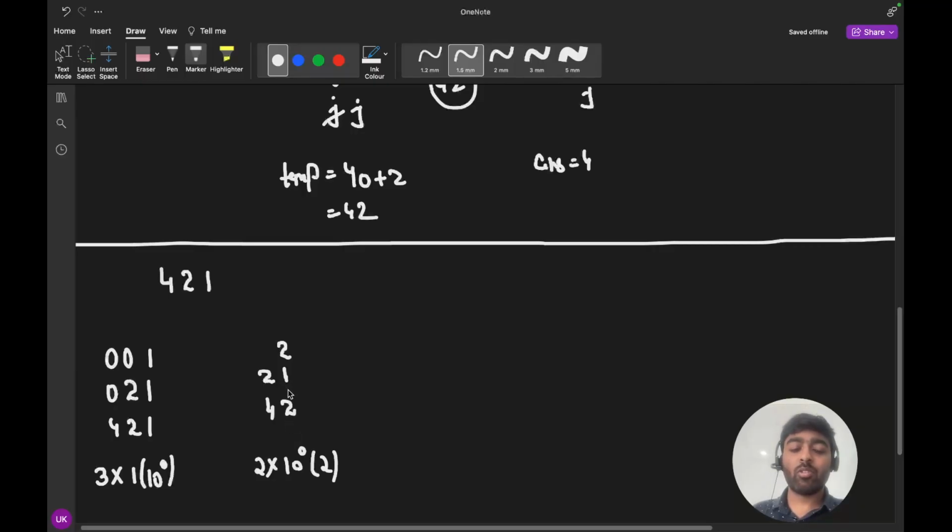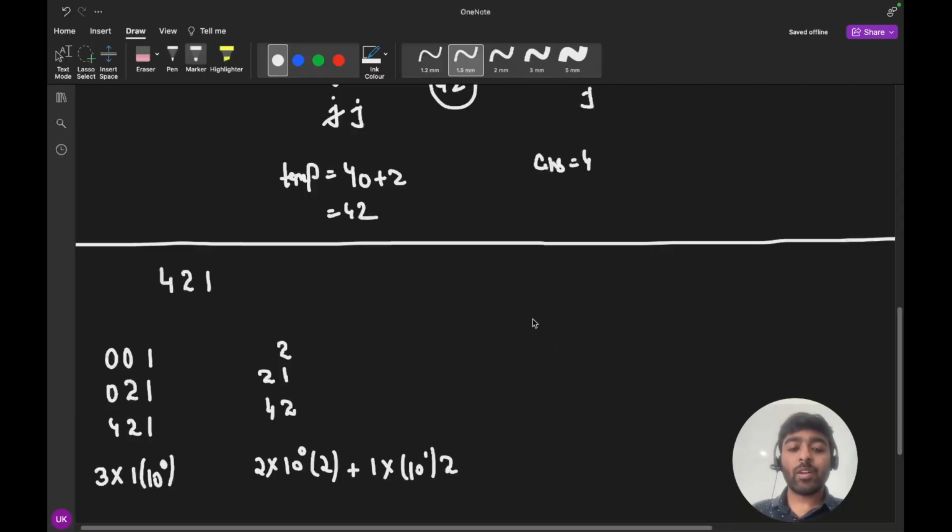The base is 10, and the value we have here is 10 to the power 0 into 2, correct? And 2 times it is coming, that's why 2 here, plus 1 time it is coming at the tens place. So 10 to the power 1, and 2 is coming.